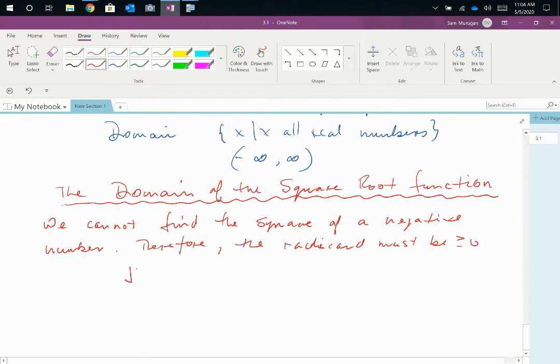The radicand is the part underneath the square root sign. That radicand must always be a number that's greater than or equal to 0.